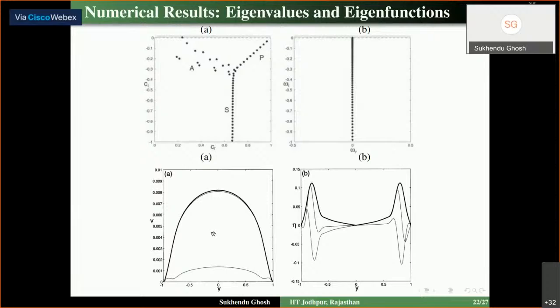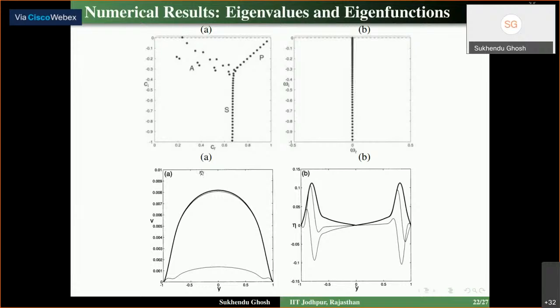Keep in mind that usually you have studied real eigenvalues and real eigenvectors, but in this generalized system you can get complex eigenvalues and complex eigenvectors.